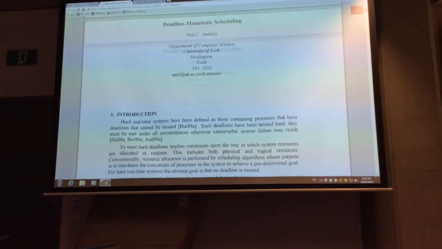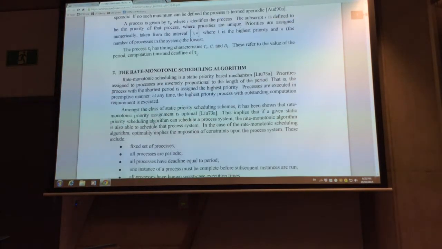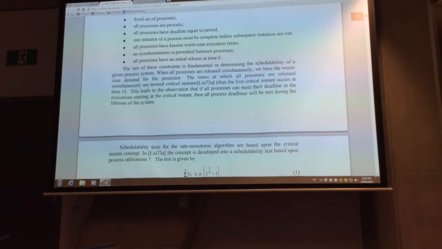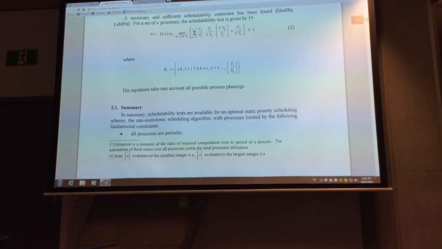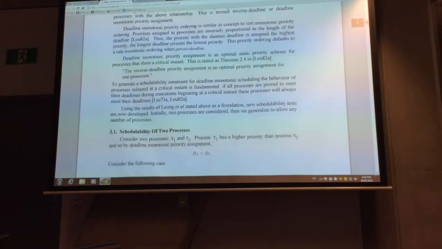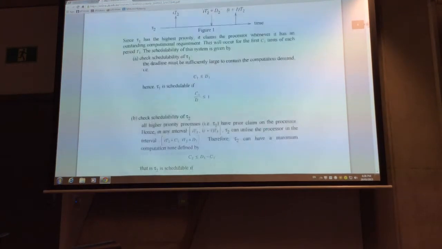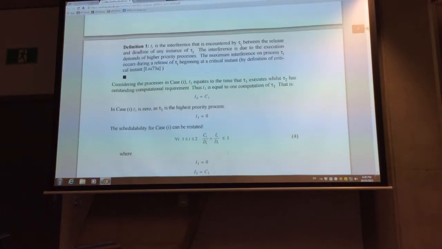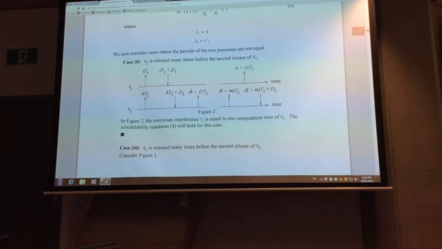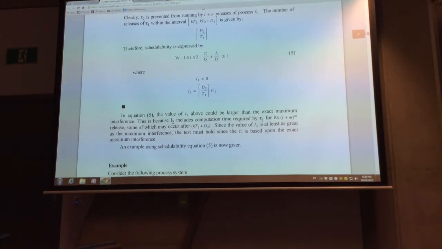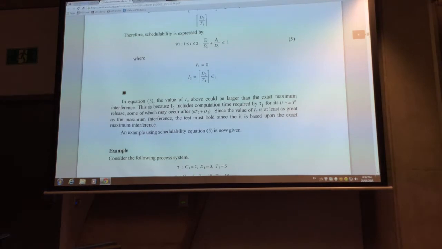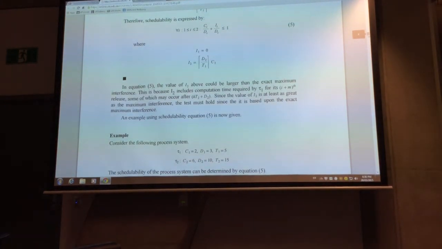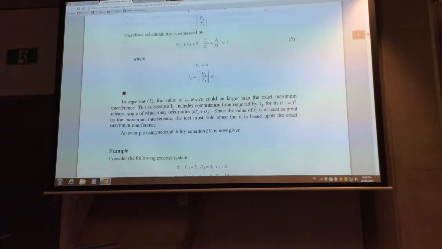So what do we get out of this? There's a good recap of information we already know about the rate monotonic scheduling scheme in the introductory part of the paper. But then he introduces a test of the schedulability of tasks with pre-period deadlines using a new quantity called the interference factor. And he derives that with 2 tasks and demonstrates that the expression for modelling the interference factor is sufficient but not necessary.